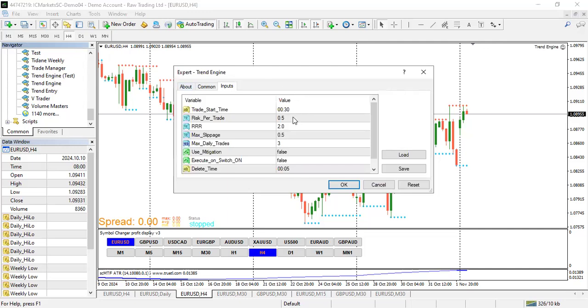All right, so then we have the risk per trade. This is not any of those crazy strategies, quote and unquote. It's not a martingale. It's not a grid trading bot. It's not a hedging EA.